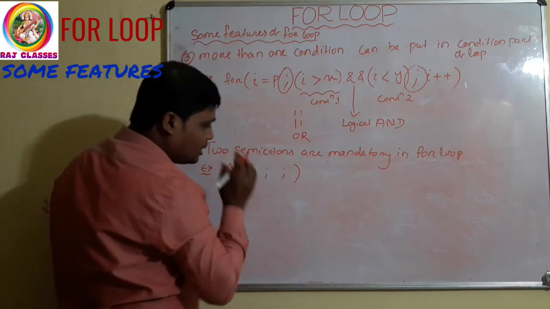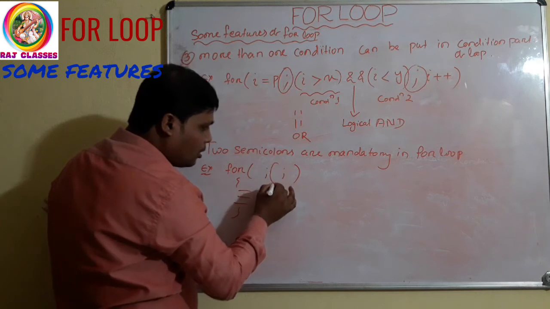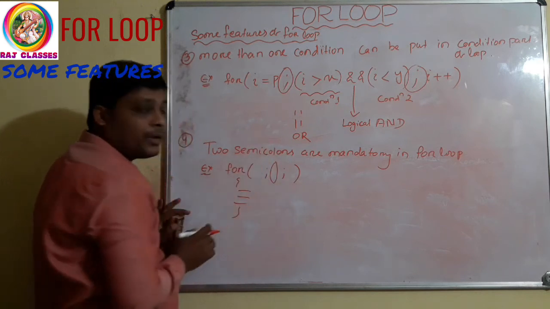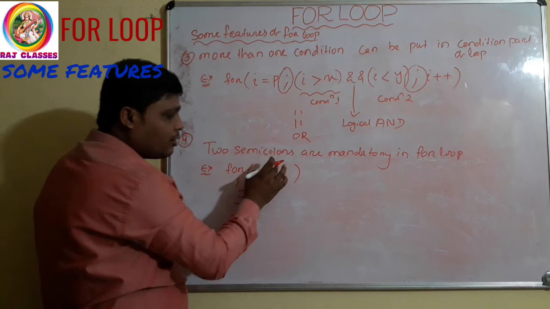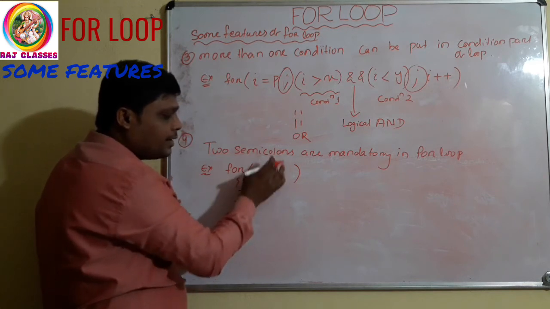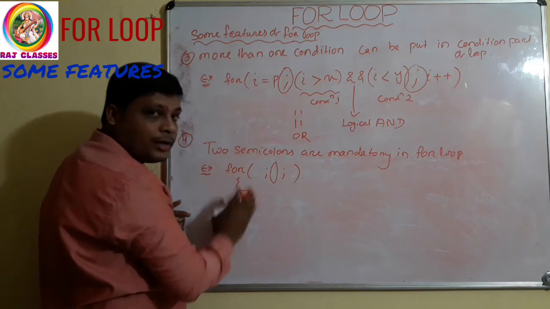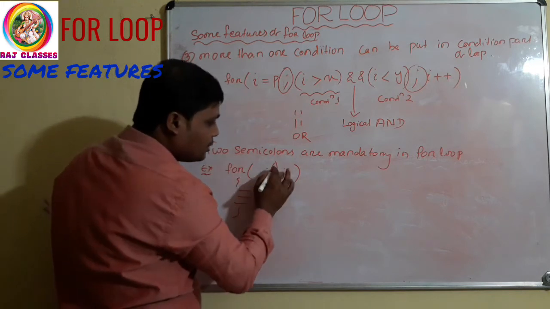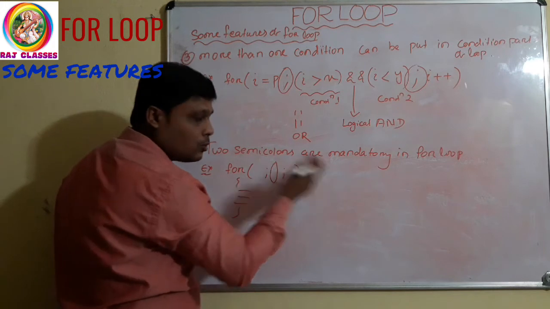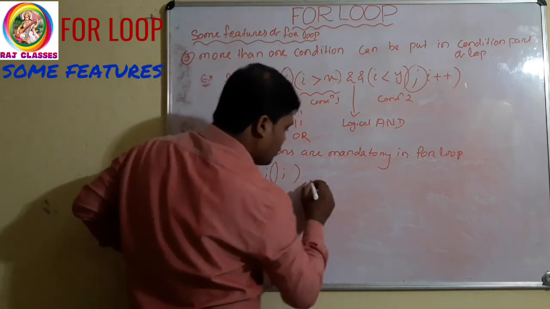Clear? Now see, if there will be no conditional part, then what will happen? If you will not write any condition in conditional part, then what will happen? This condition part will be always true and it will be one infinite loop.